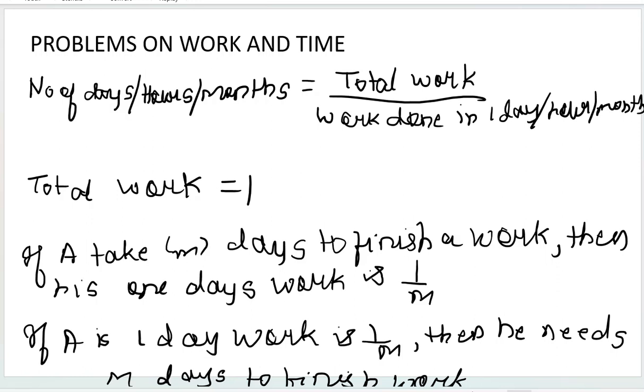These ideas we need, especially the first two ideas. Number of days is nothing but total work upon work done in 1 day, where total work is usually 1. And it is said that if A takes m days to finish a work, then his 1 day's work is 1 by m, the reciprocal of it. And if his 1 day's work is 1 by m, then he needs m days to finish the work.